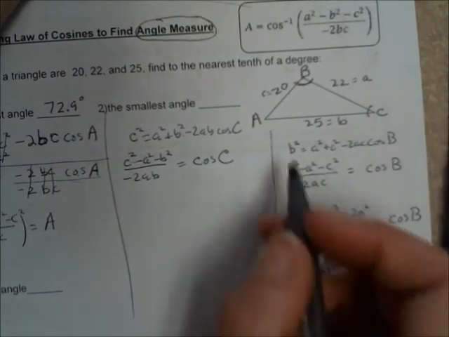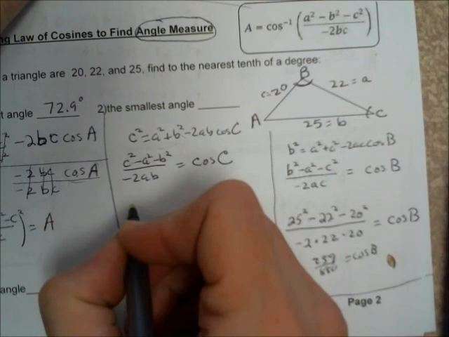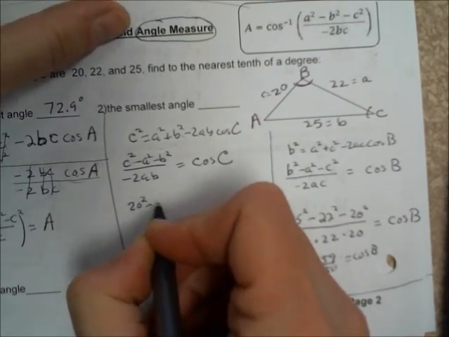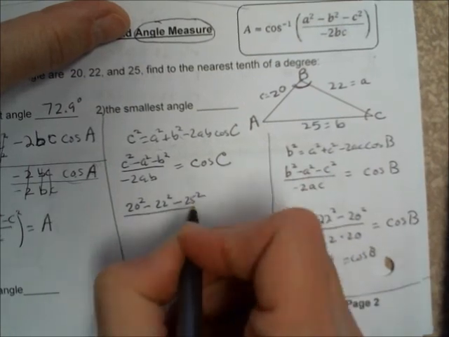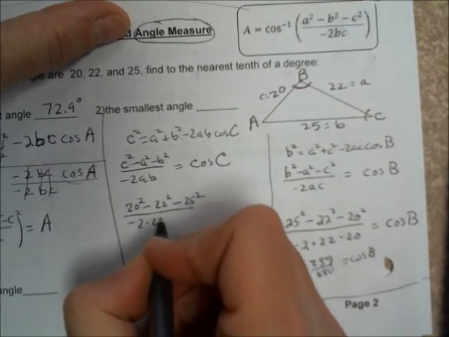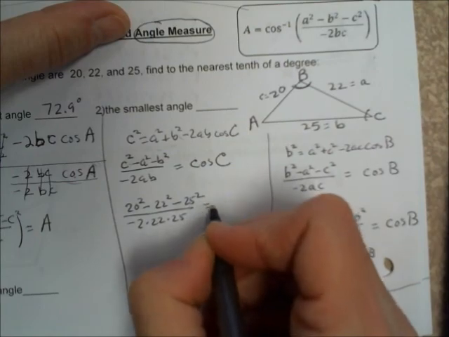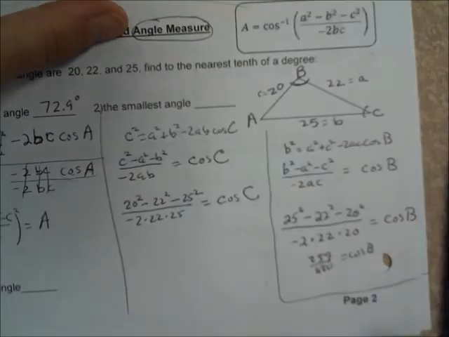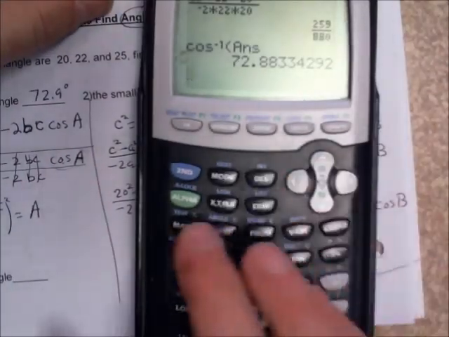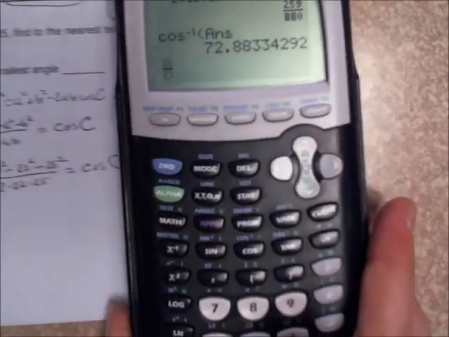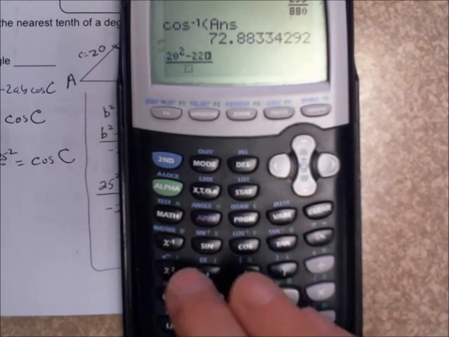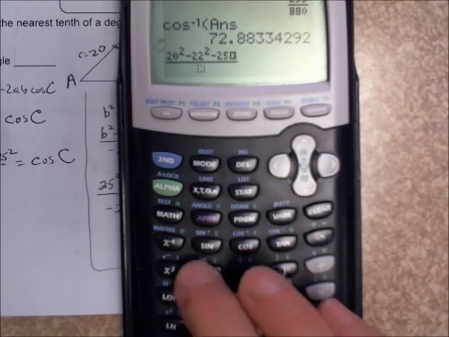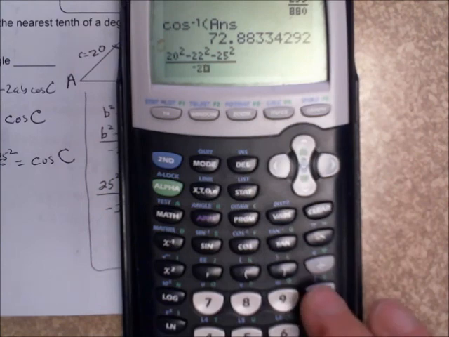So now we're just going to plug the numbers in. C squared is 20 squared. A squared is 22 squared, and b squared is 25 squared, all over negative 2 times 22 times 25, and that is equal to the cosine of big C. So let's do our fraction button, and we'll put 20 squared minus 22 squared minus 25 squared, all over negative 2 times 22 times 25.